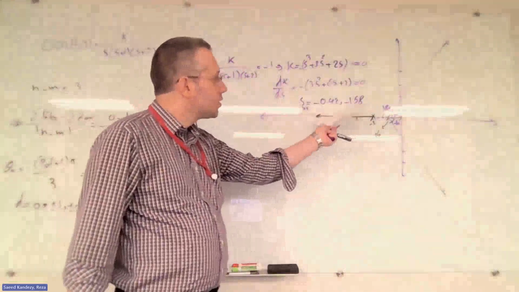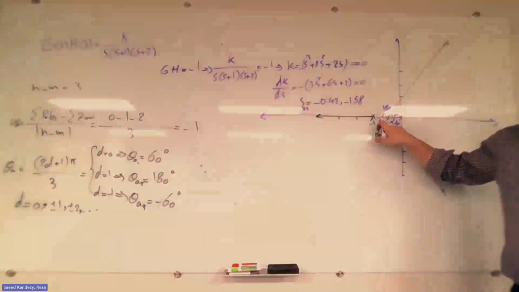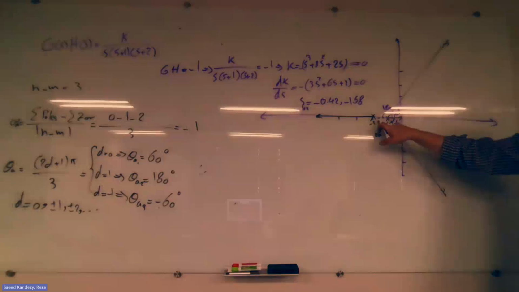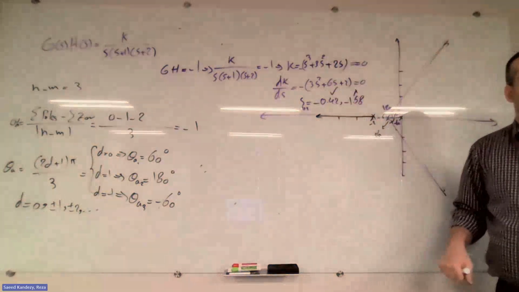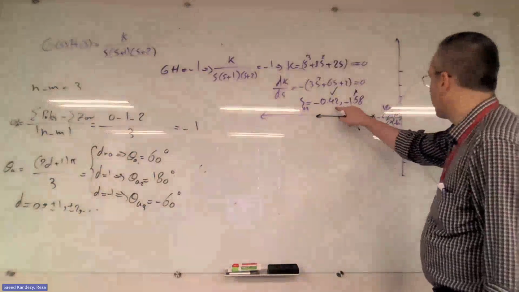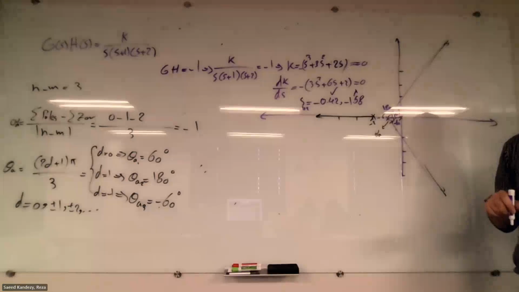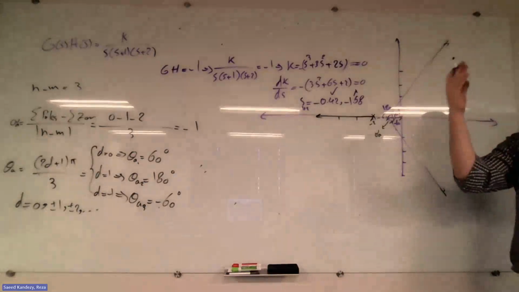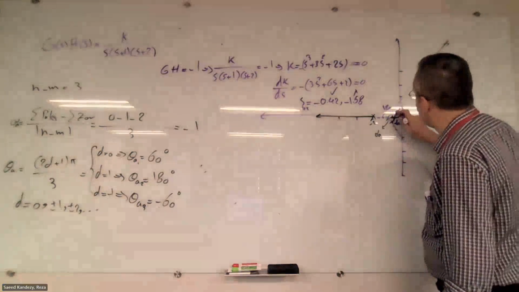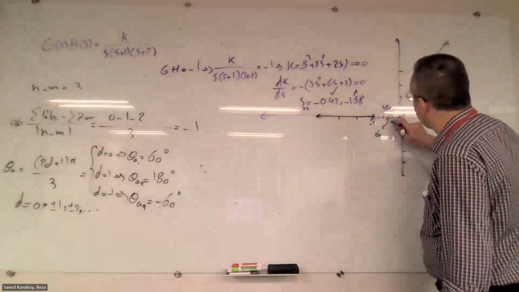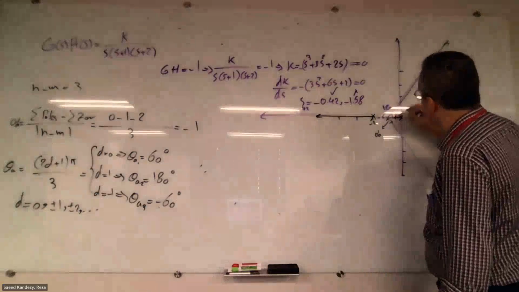Since 1.58 falls in this section, which is not in my trajectory, this one is the breakaway. So it's 0.42, so it's going to be somewhere here. Very good. And we are going to leave the real axis at 90 degrees, so we are going to end up with this trajectory.